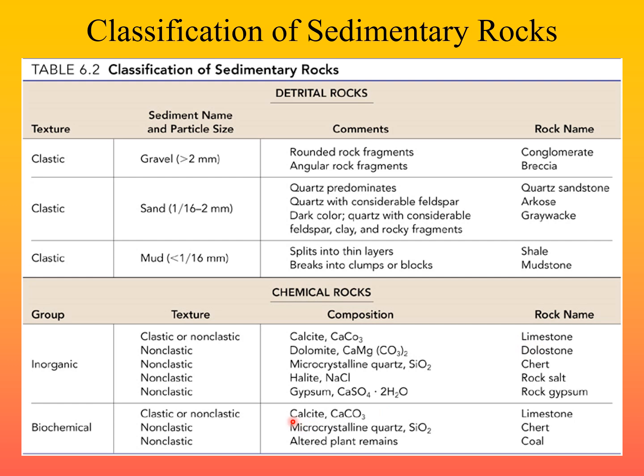Again, that's dolostone. Then you have microcrystalline quartz, which is your chert, halite, which is rock salt, we call it then, when it's in its rock form. And then gypsum can be calcium sulfate, or magnesium sulfate, or magnesium and calcium sulfate. And it's a hydrous mineral in that it has some water in its crystal structure, and we call that rock gypsum.